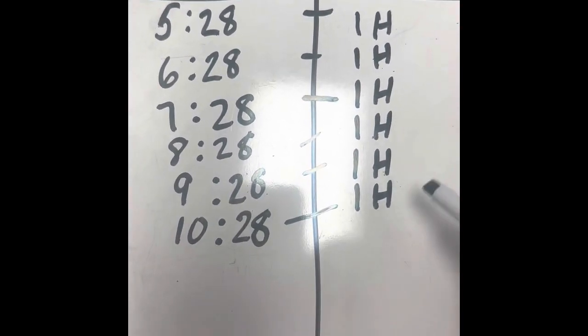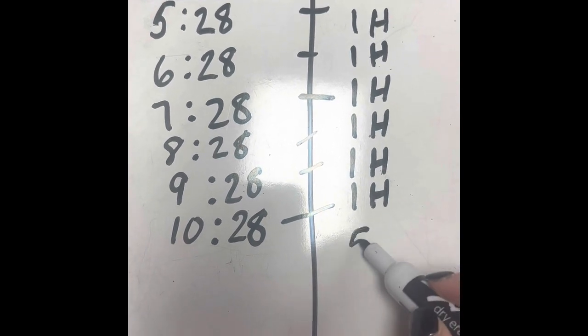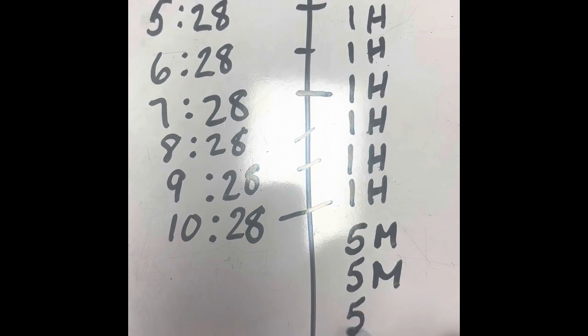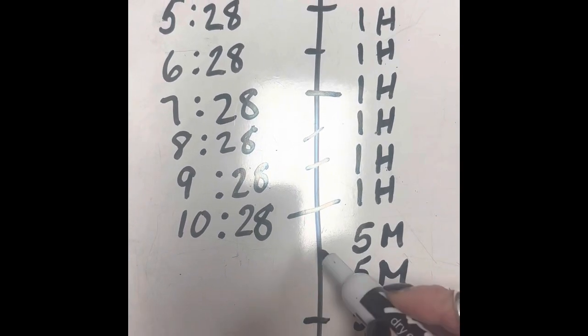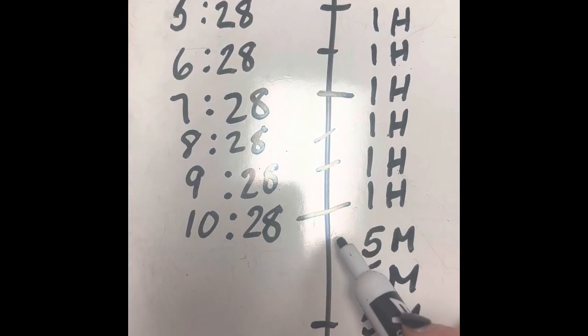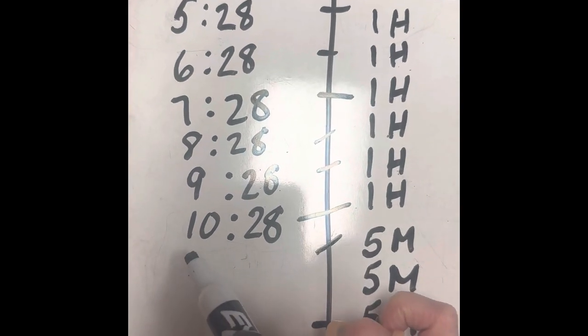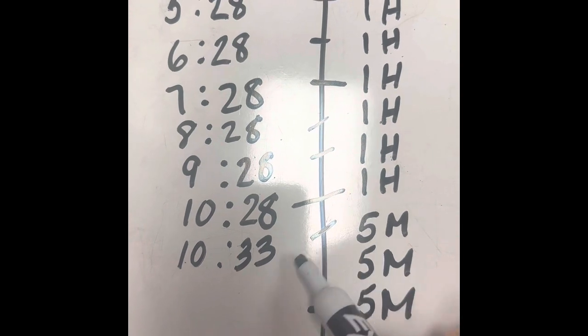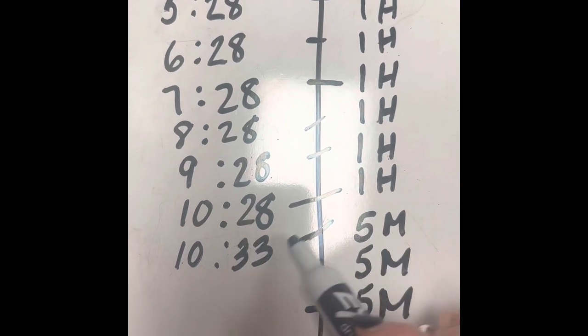And now I have to get my minutes in, so I know it's 5, 10, 15. So I'm going to go here. So 28 plus 5, that's going to give me 10:33. 28 plus 5 is 33.